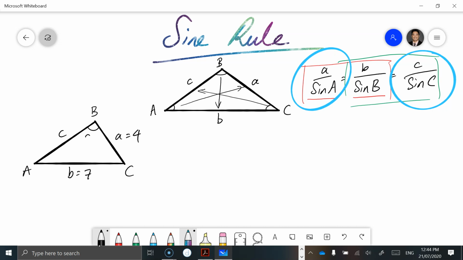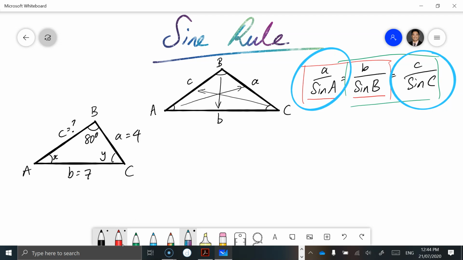We'll call this one 80 degrees. And what we could do is work out what that angle is, and then we can work out what that angle is. We could also work out what that side is based on this information. Okay, so let's get on with it.